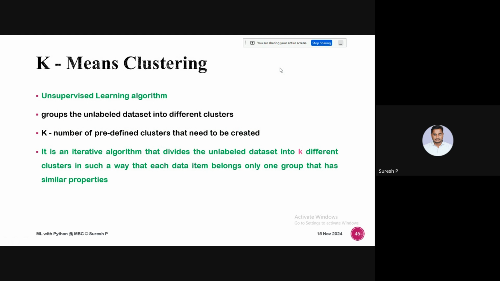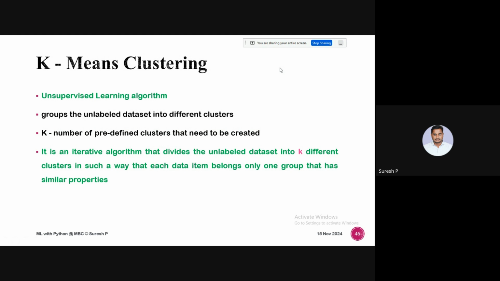So as I said already, the k-means clustering algorithm is an unsupervised learning algorithm because it will learn the information from an unlabeled data set. So the k-means clustering algorithm will group the unlabeled data set into different clusters. So here k is the number of predefined clusters that need to be created.